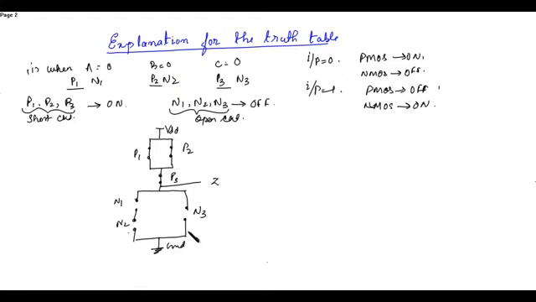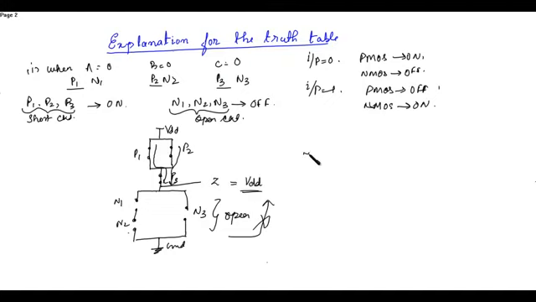Now when N1, N2 and N3 all are open circuited, then certainly this will not work. Now P1, P2, P3, all three are short circuited, so they create a path over here. So the output obtained will be VDD.